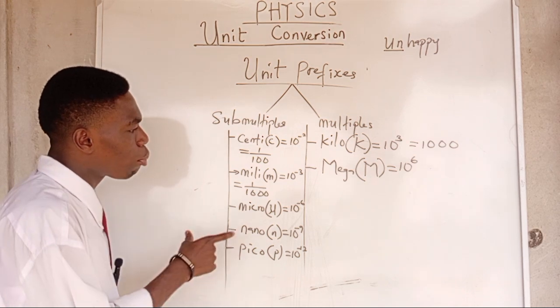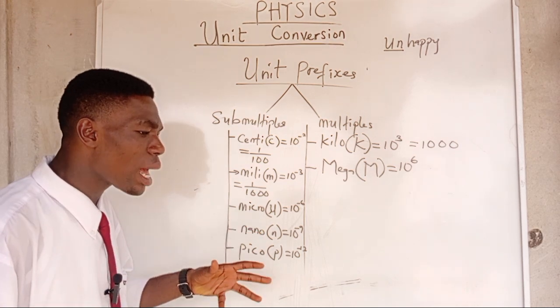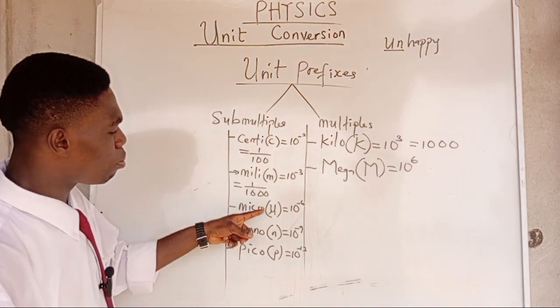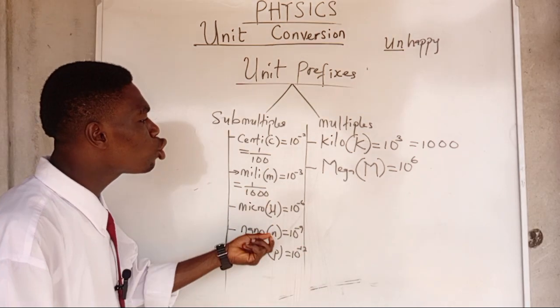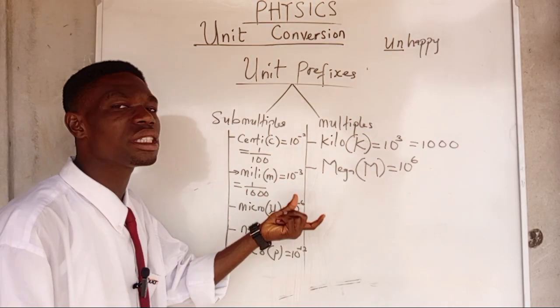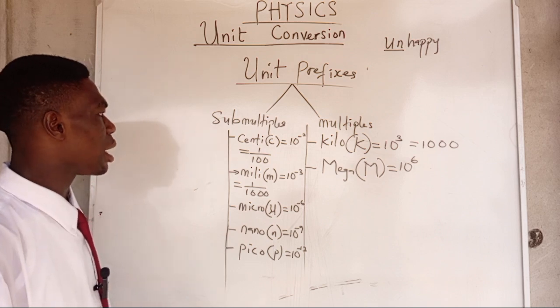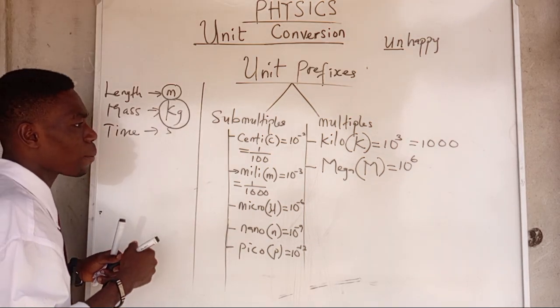And you know, the problem is that most units are usually given in these unit prefixes, but the examiner wants you to give the units in their SI units, System International Units, and so you must learn how to convert from one unit to another.